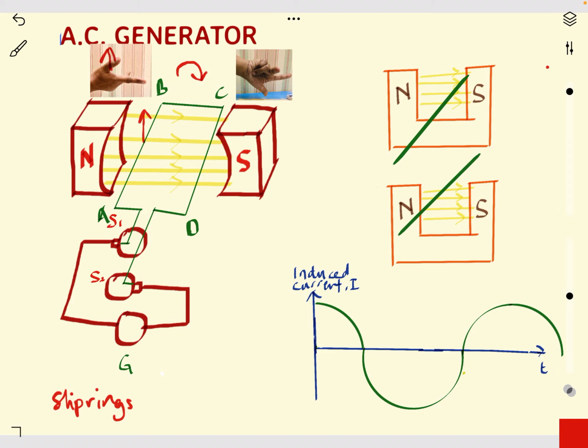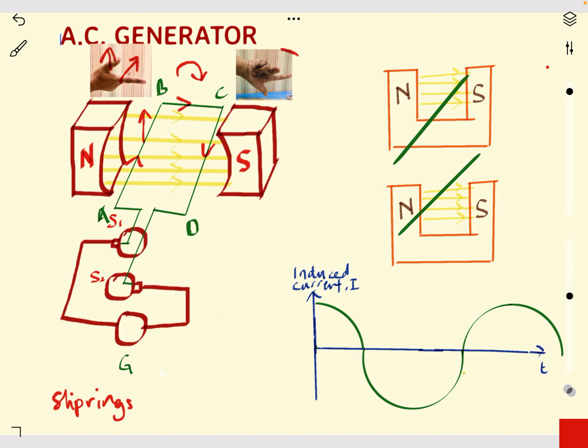Here is the direction of the coil upward for AB, and then here is the south. This is the direction of the south, so this is the direction of current. So from here we know that current flows in this direction, and then it goes back here.